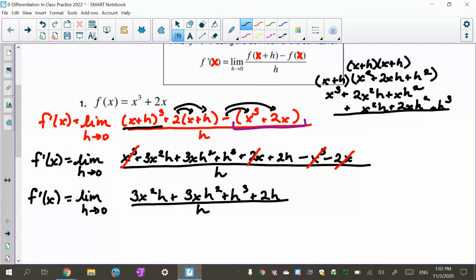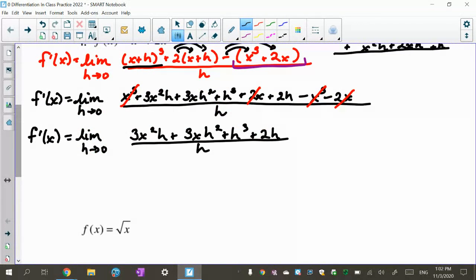Now I look at it, if I were going to try to plug 0 in there, I'd still get 0 over 0. So what I'm going to do is factor h out of the numerator and see if I can cancel stuff that way. So I have f prime of x is the limit as h approaches 0, and I'm going to factor out the h.